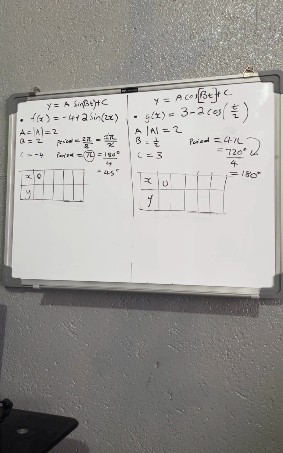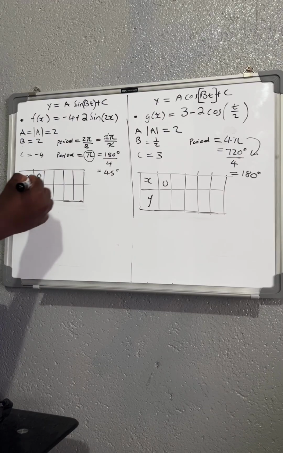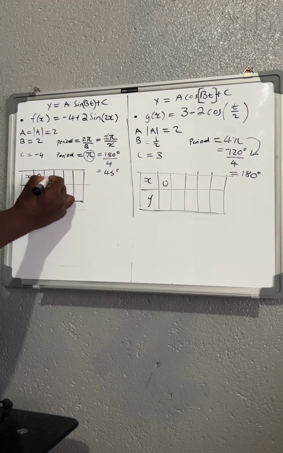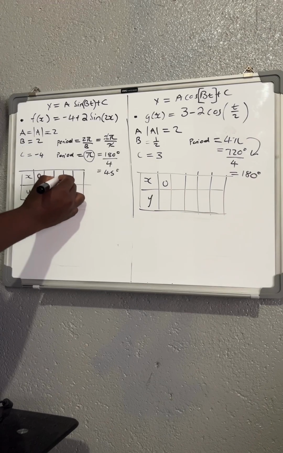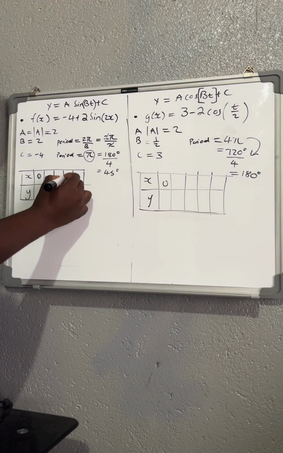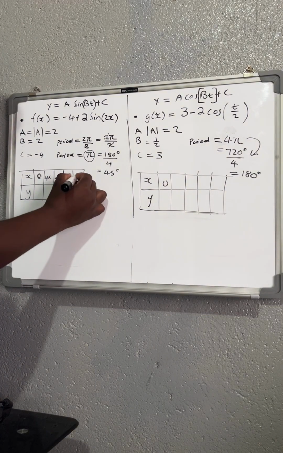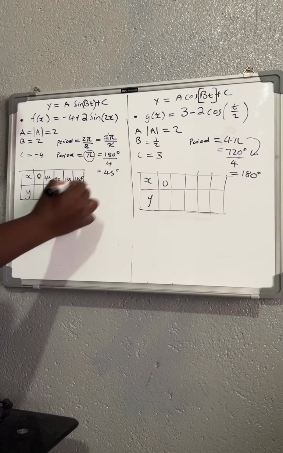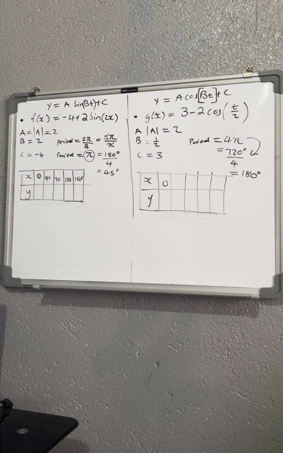So now how are you going to continue with your values? You're going to say here you have your 45, you add another 45, you get to your 90, you add another 45, you get 135, you add another 45, you are back to that 180 degrees.